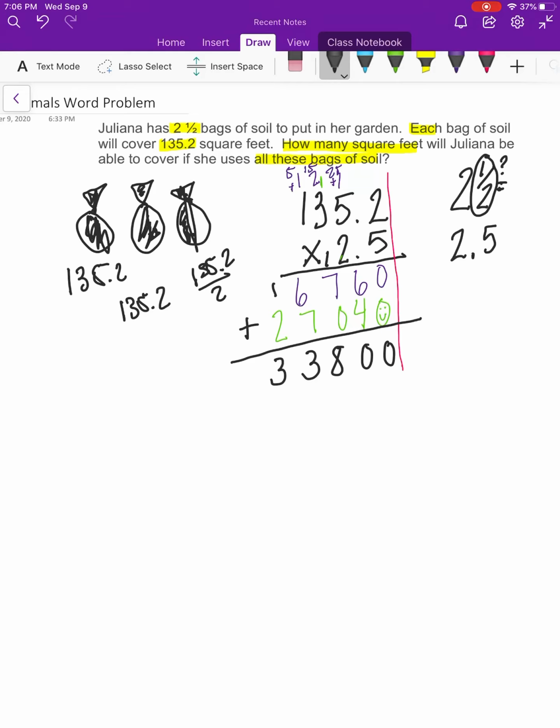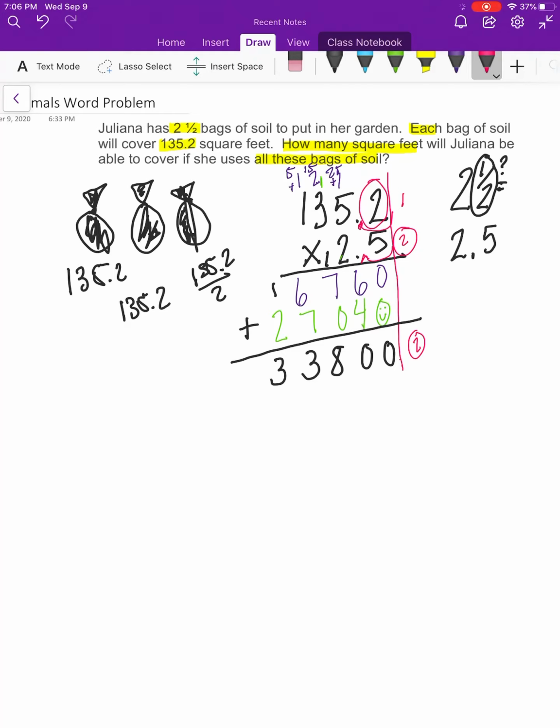So I need to make sure I count up the digits behind the decimal. So from the wall to the decimal point, I have 1 digit there, and I have a second digit right there. So I have 2 digits behind the decimal in my product. So I'm going to move it back in 2 spots from the wall.